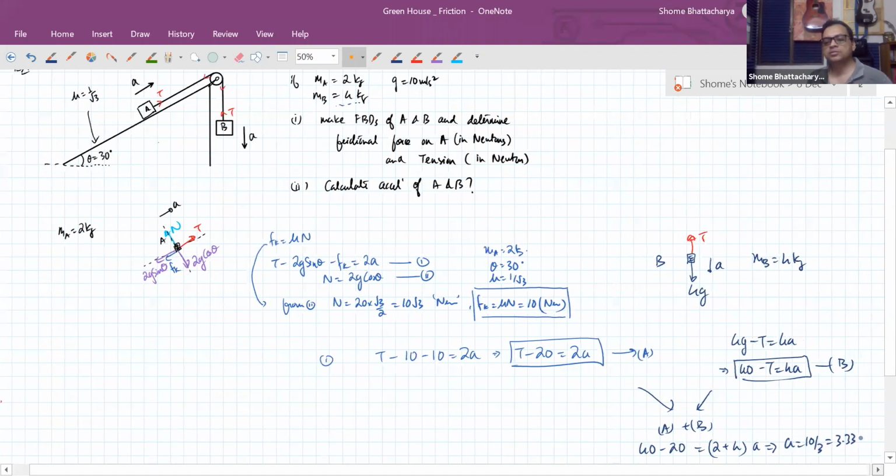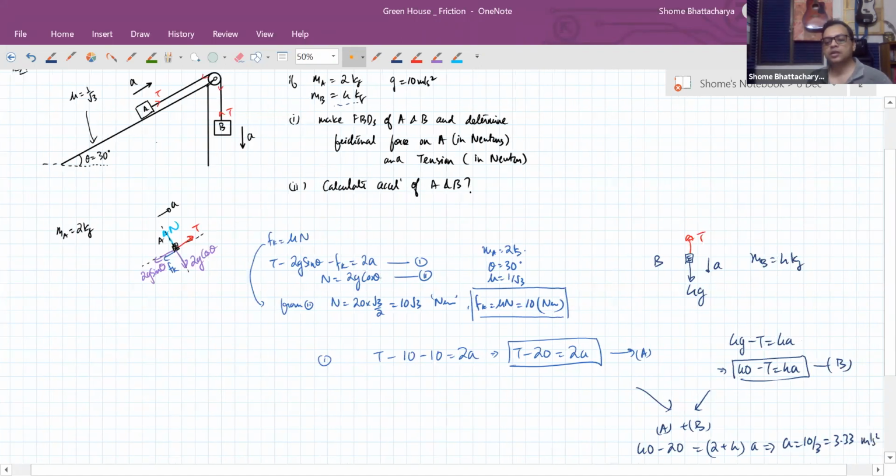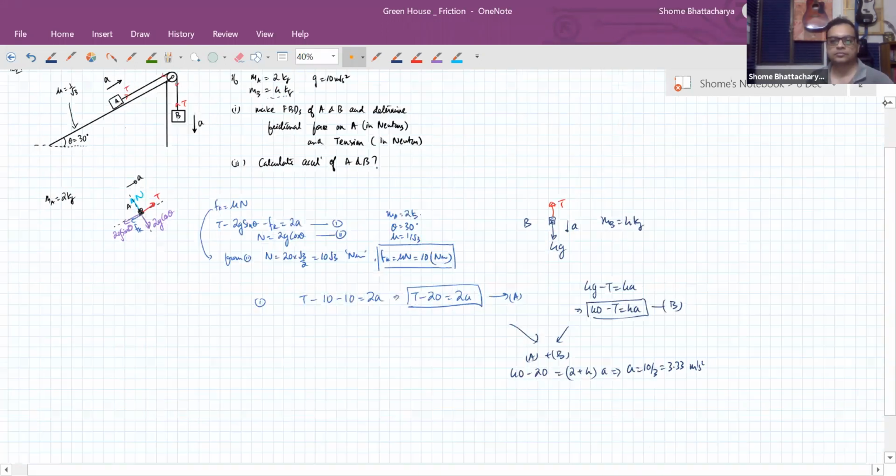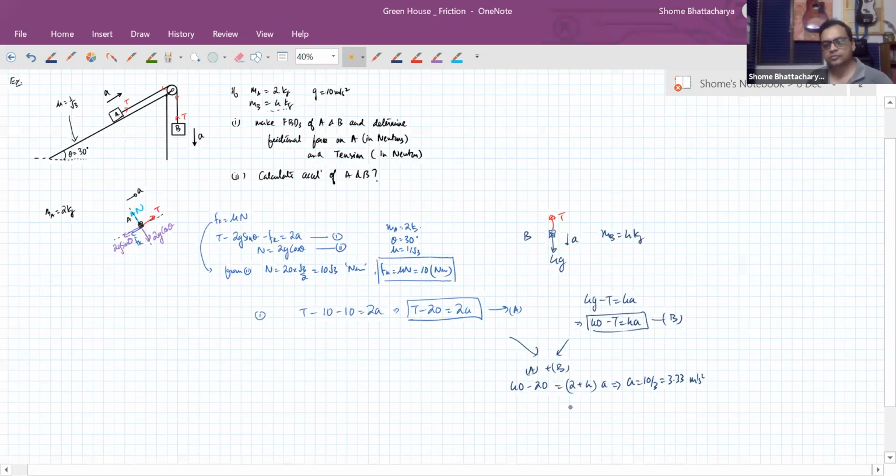3.33 meters per second square. And the tension will come out to be... okay.